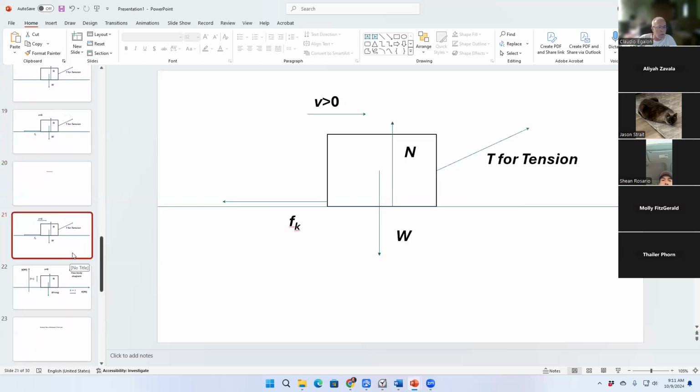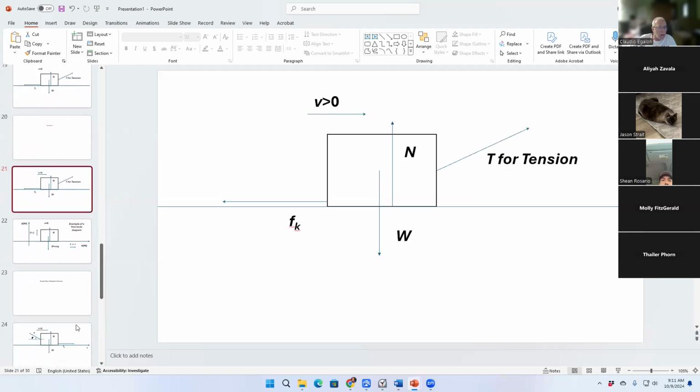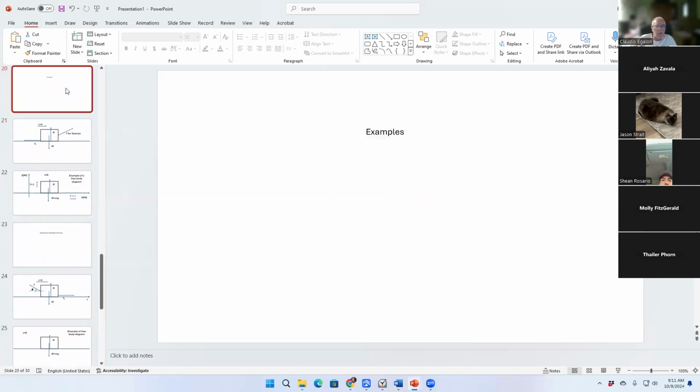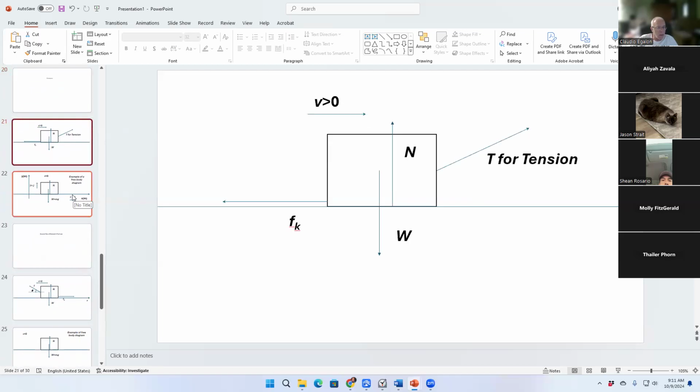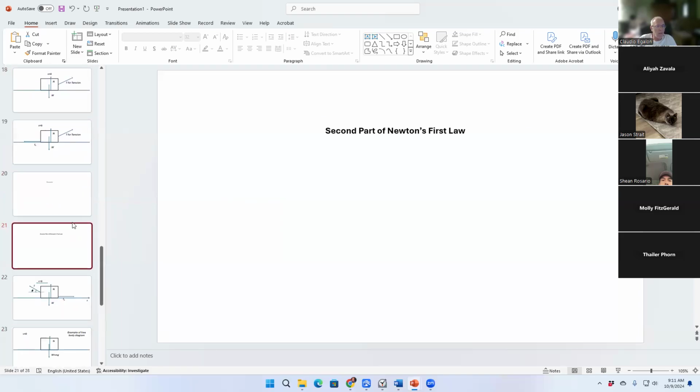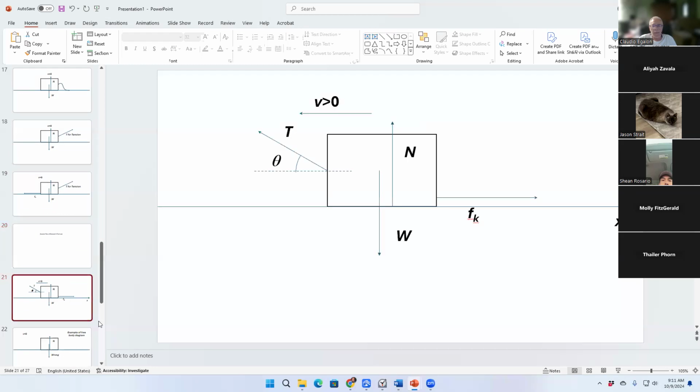Let's continue with this one. Let's erase this one here. That's going to make a difference in the signs of our equation.